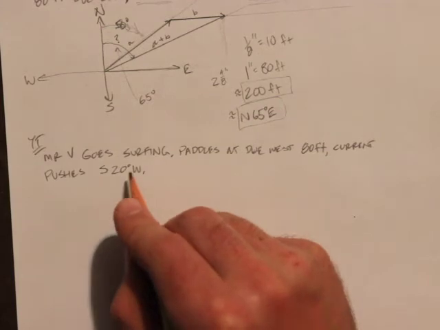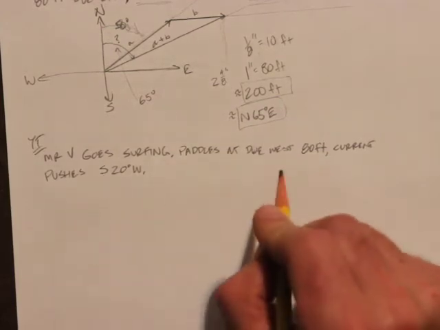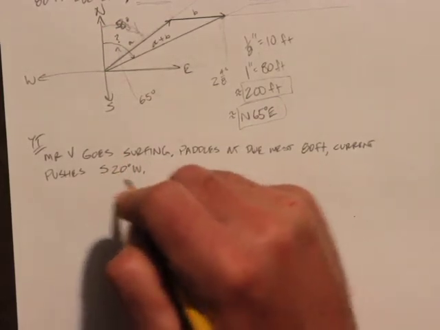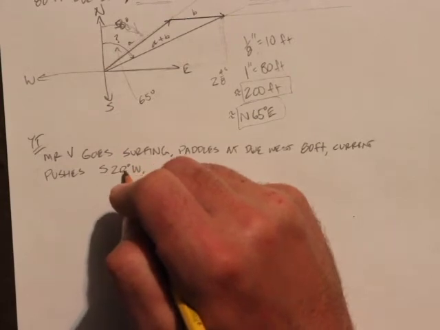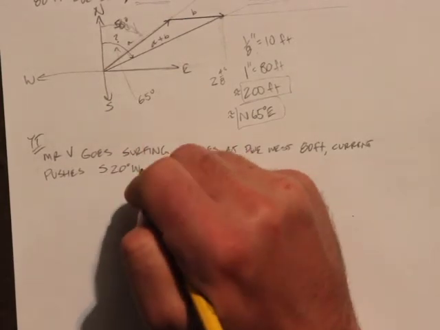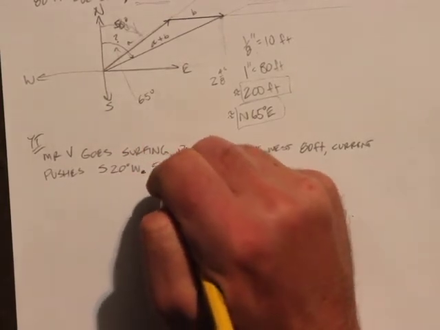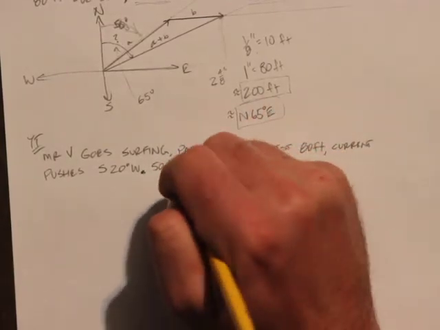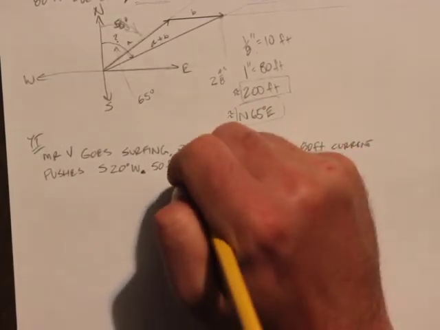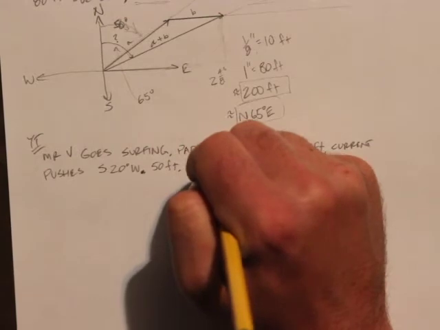The current pushes Mr. V south 20 degrees west 50 feet. How far did he go? How far did I go altogether? Distance.